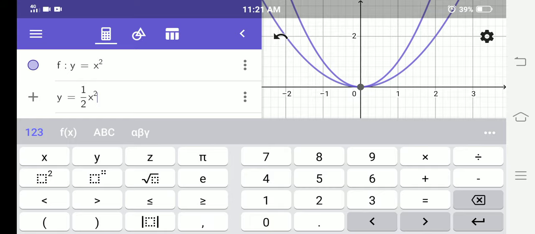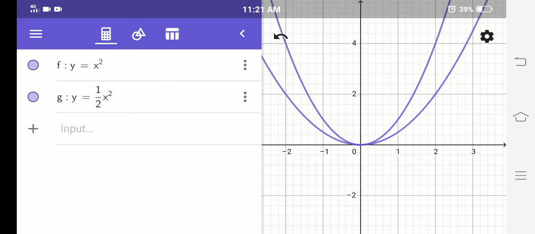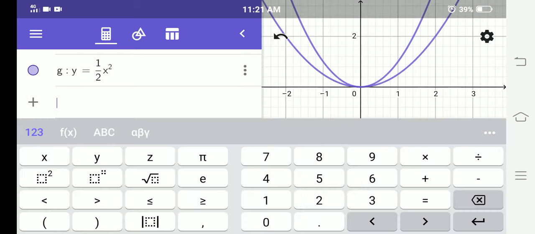Now see. Ano nangyari din sa parabola natin? Okay? Lumaki kumpara dito sa y is equal to x squared, ginawa nating 1/2 x squared, lumabas siya doon sa parabola natin na y is equal to x squared. So, lumapad.